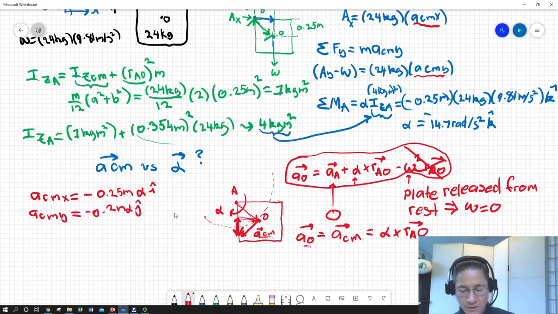So they're both going down, and they're both simply equal to 0.25.